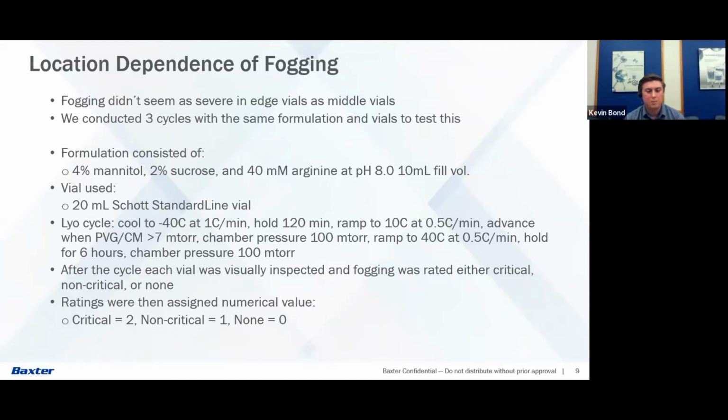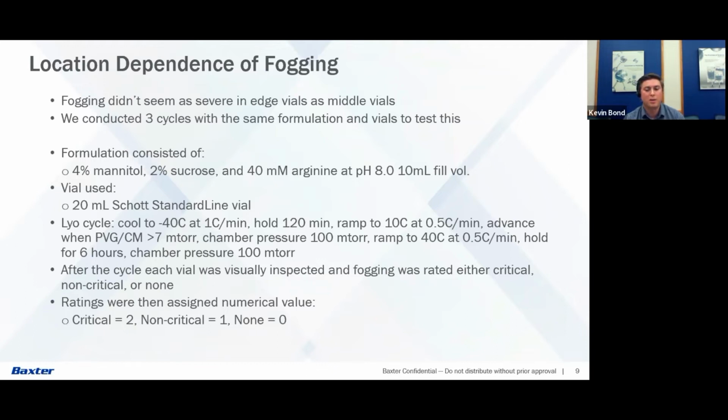After completion of the cycles, the vials were removed from the lyo, visually inspected, and classified as having either critical fogging, non-critical fogging, or no fogging. For this study, we defined no fogging as a vial which did not have any solution creep up the side of the vial above the height of the dried cake.